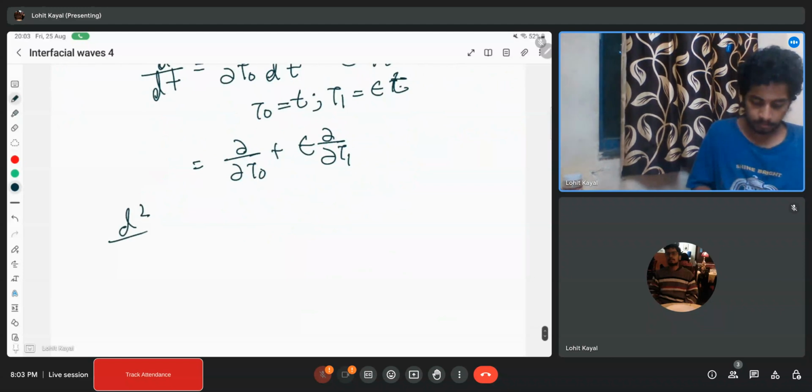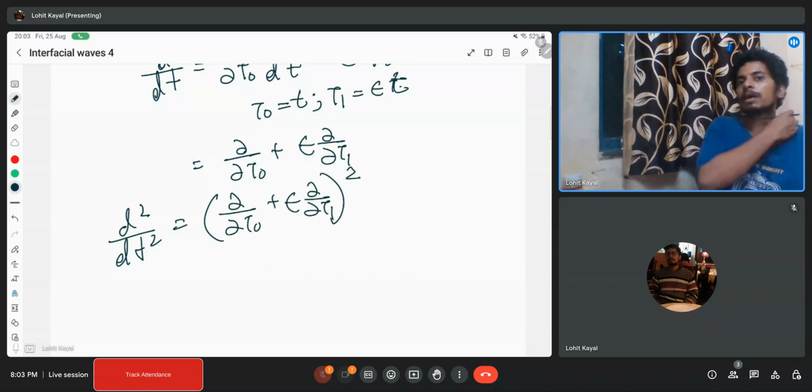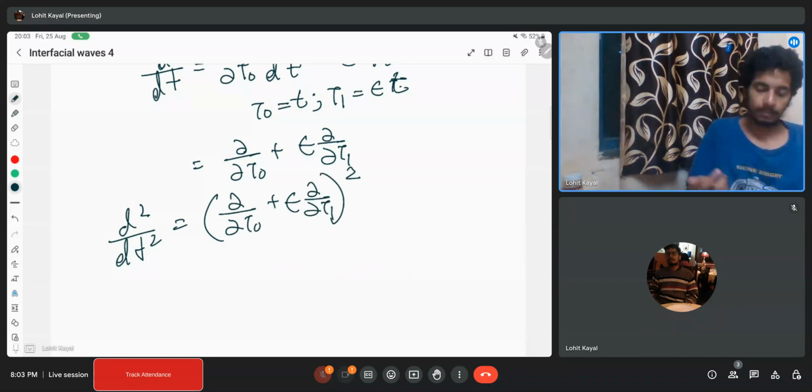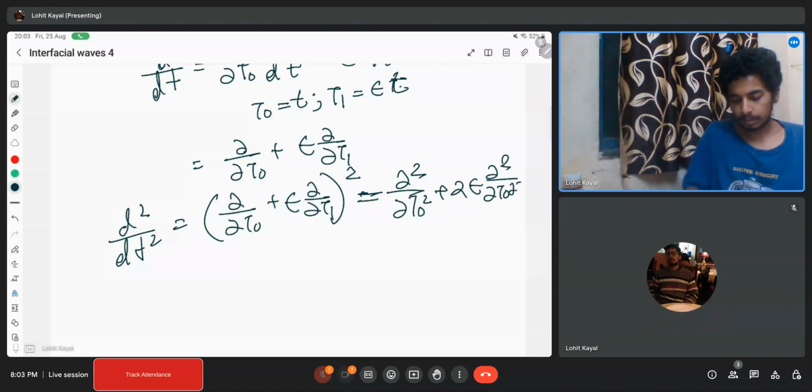So your d square dt square will be simply the square of this, del t naught plus epsilon del t1, whole square. Now if we are interested in truncating at order epsilon, it will be del square del t naught square plus 2 epsilon del square del t naught del t1.